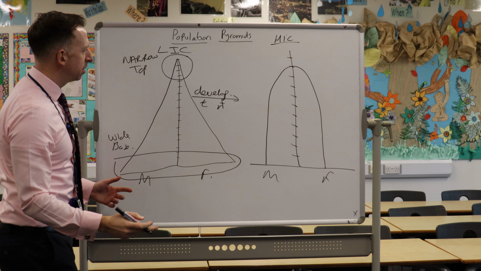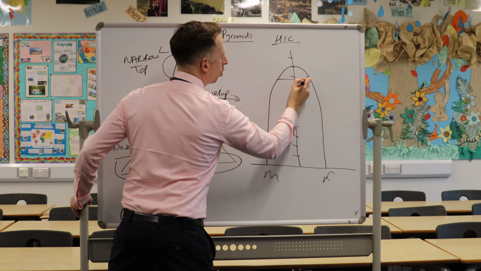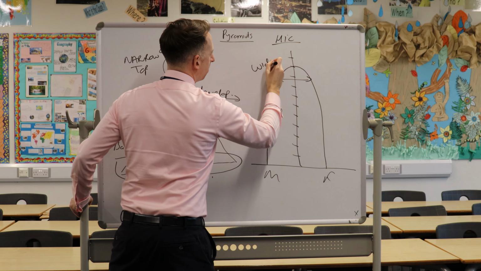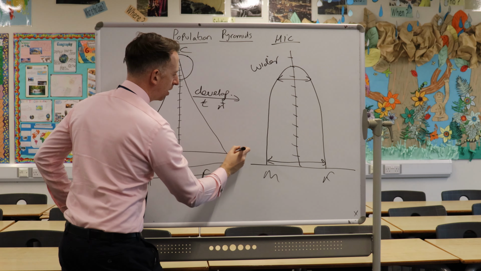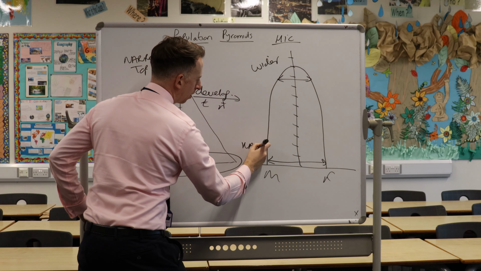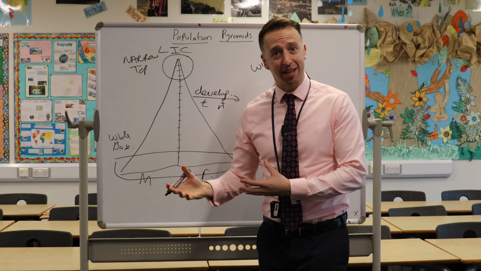So essentially what's happened here is the top of the pyramid has now got wider and the base of the pyramid has become more narrow. Once again, let's just explore why that is the case.